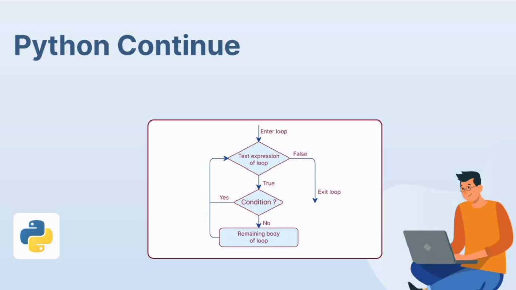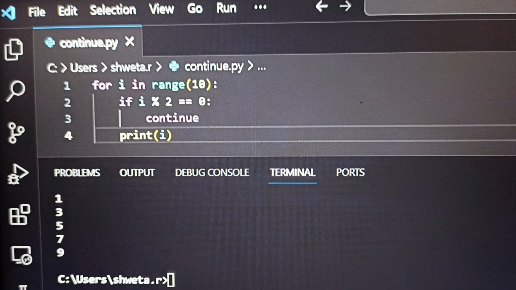And we have the continue statement, which is used to skip the rest of the code inside the loop for the current iteration and move to the next iteration of the loop. For example, first we have a loop initialization, which initializes the loop variable i to iterate over the sequence of numbers from 0 to 9. Then we have a loop condition which checks if i % 2 == 0.